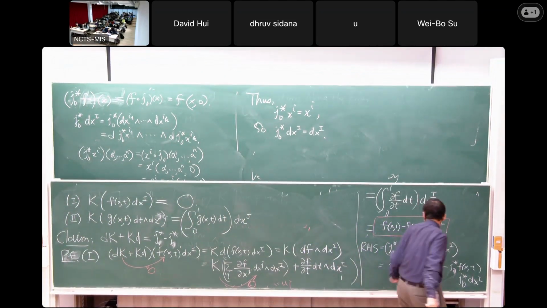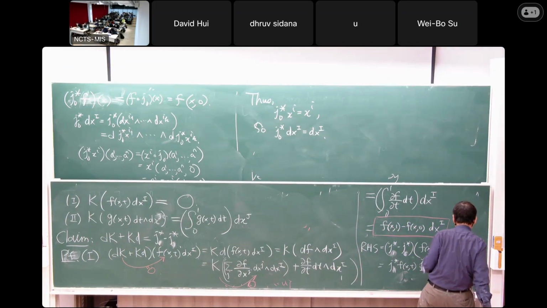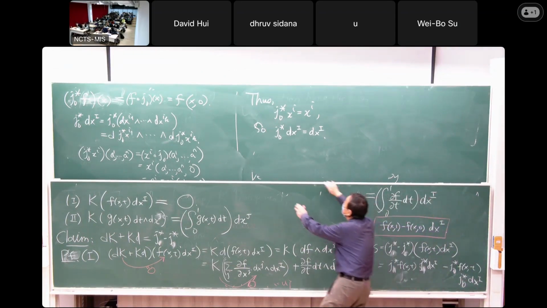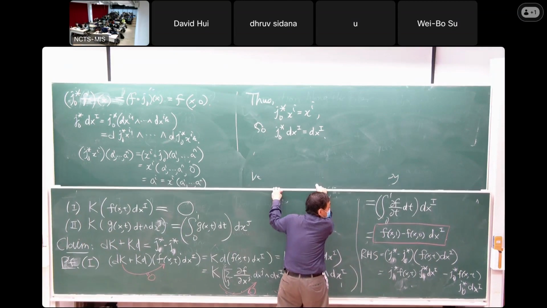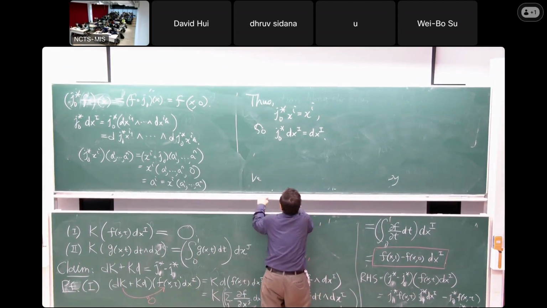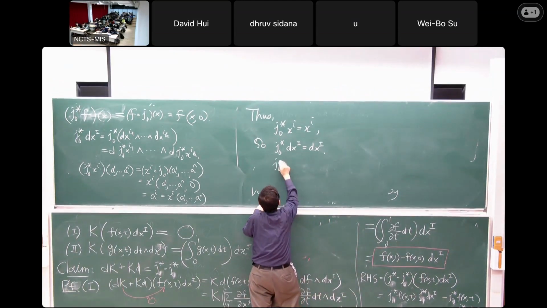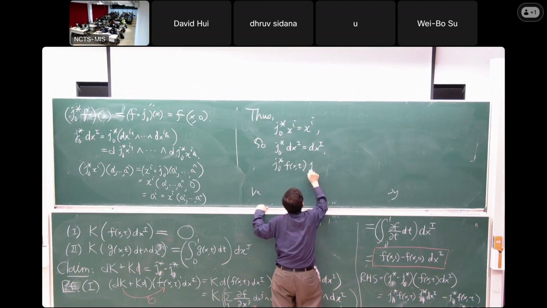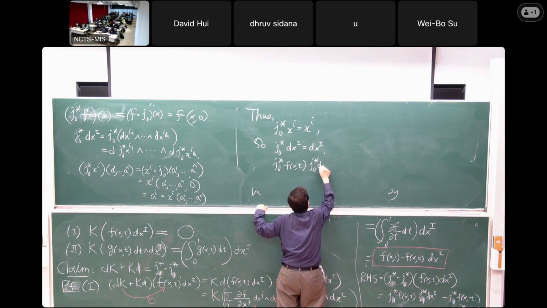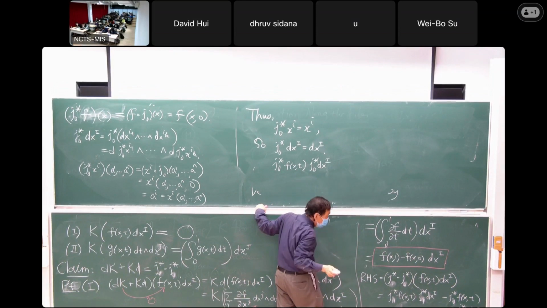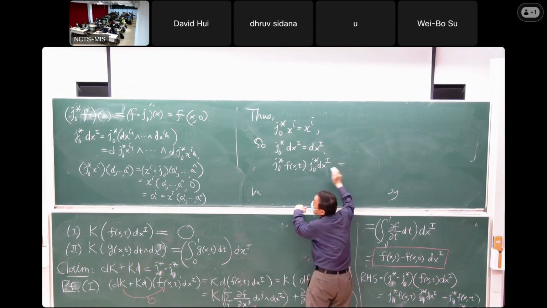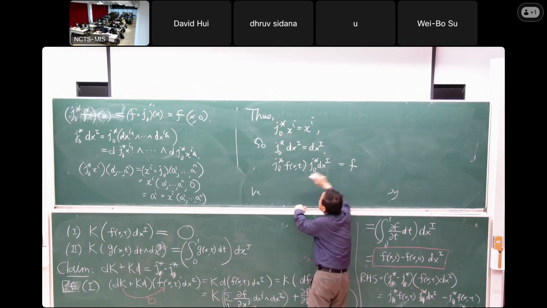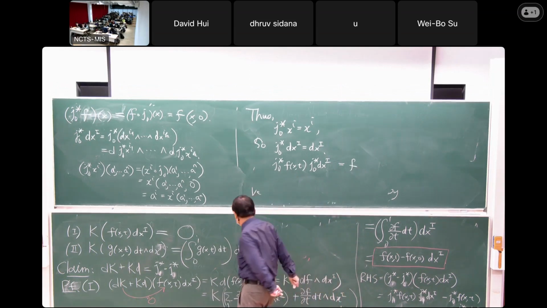So J0 star f, J0 star dxi. This is J0 star of f of xt.